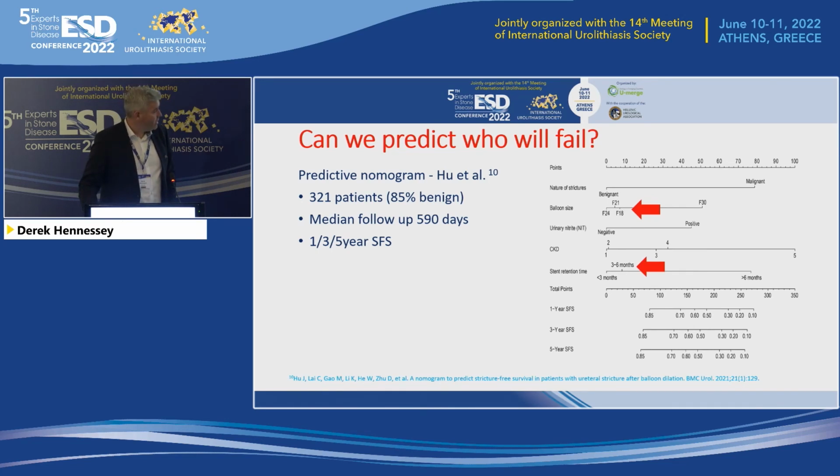Stent retention time, I read this as the time from diagnosis or the time the patient has a stent till you intervene. If this is short, the outcome will be better. And then, if you want to use this, you can tot up your score and then see what the 1, 3, and 5 year survival rates would be.